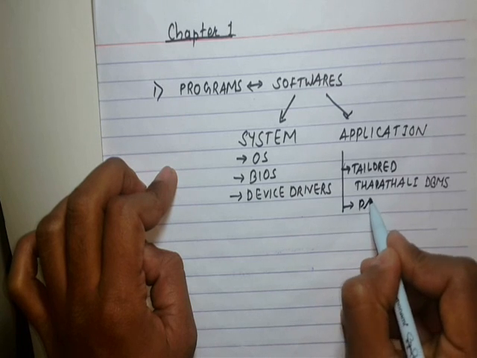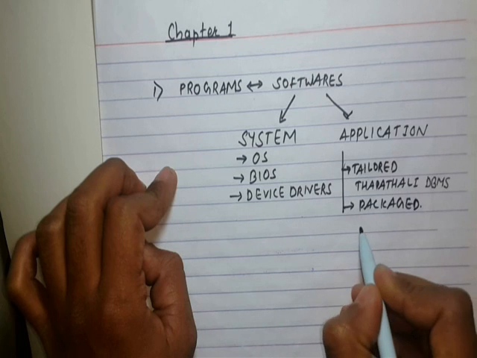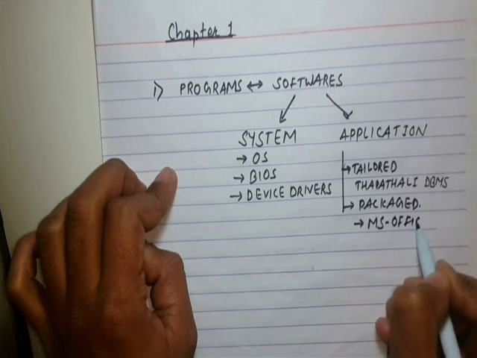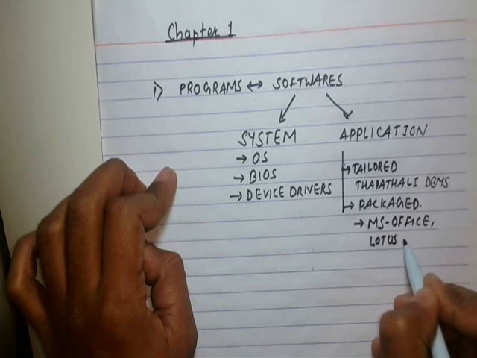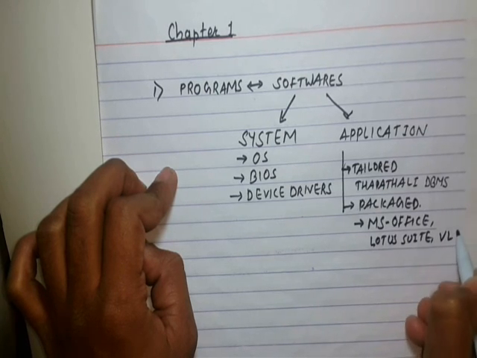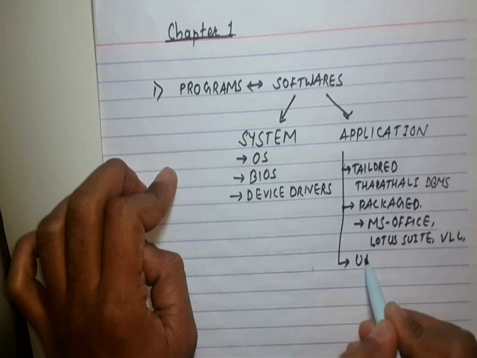Then we discussed package software. Some examples of package software were MS Office Suite, Lotus Suite, VLC as well. Then utility software.